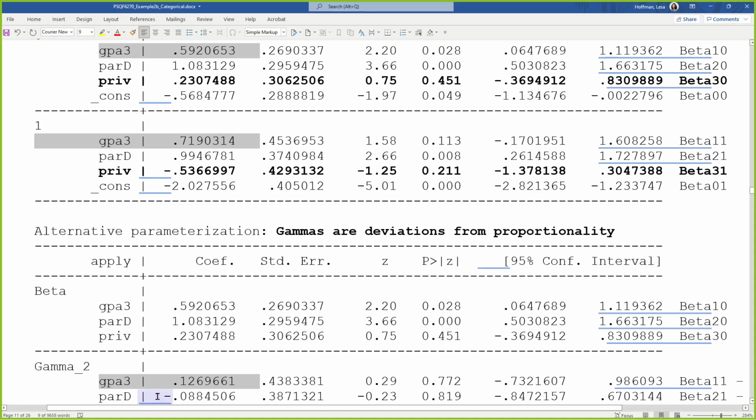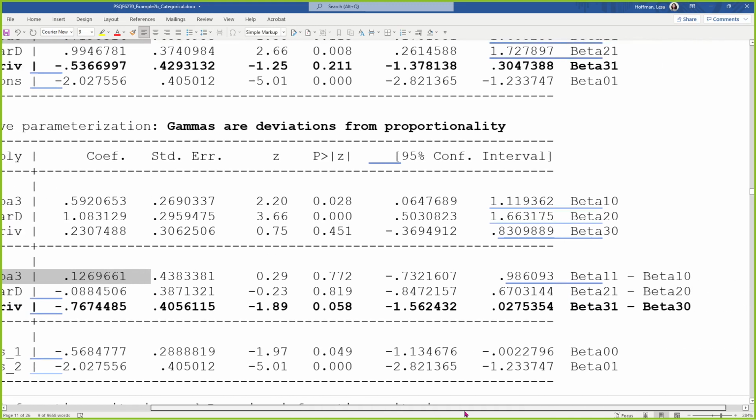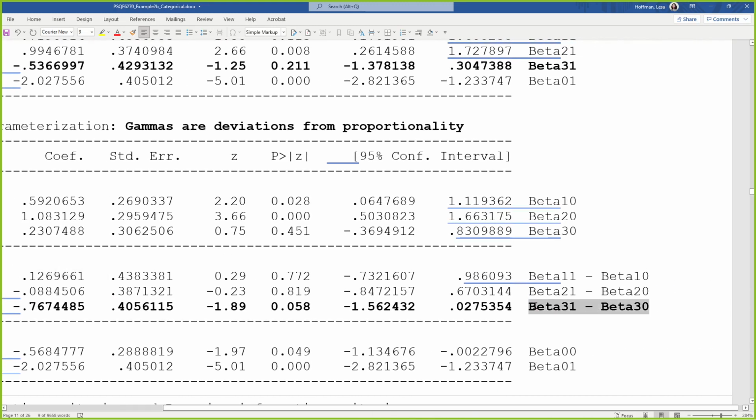The gamma 2 parameterization gives you the difference in the slope. So it's how much more positive the GPA slope is in the second submodel than the first. This is me trying to be nice and labeling what these actually are. These are differences.